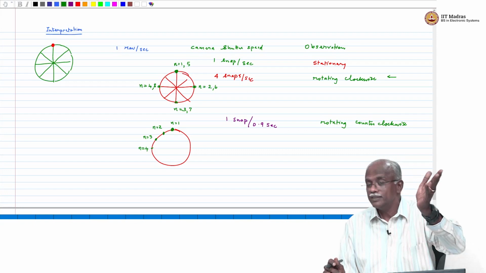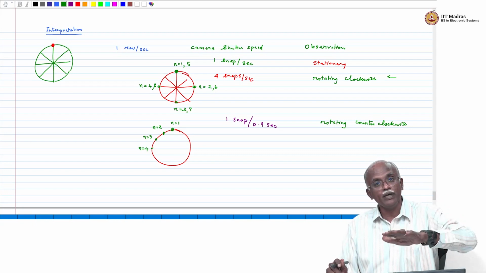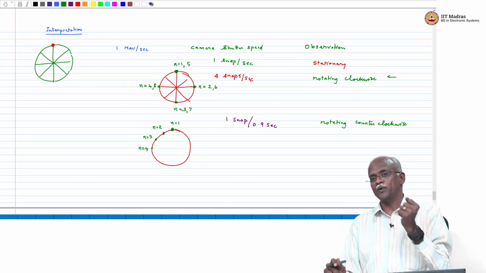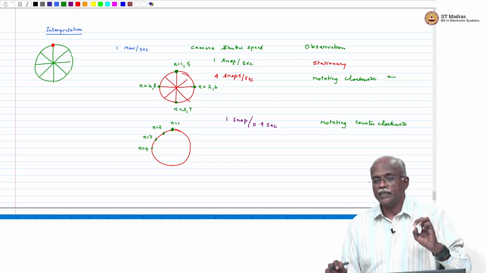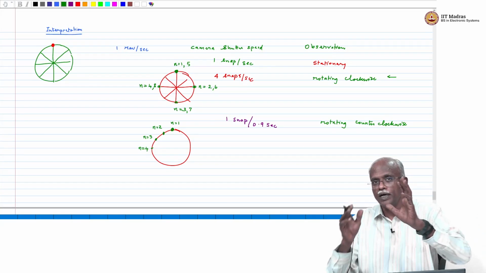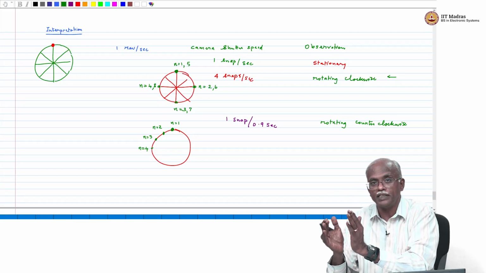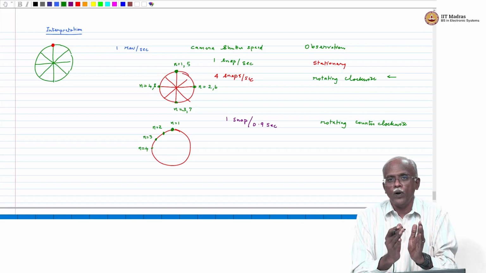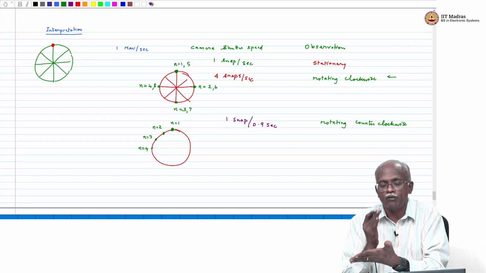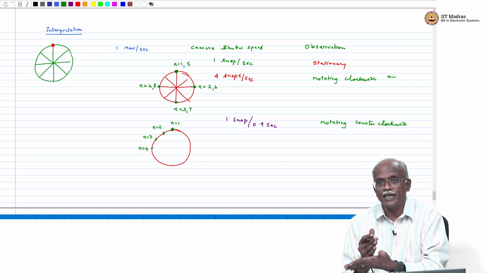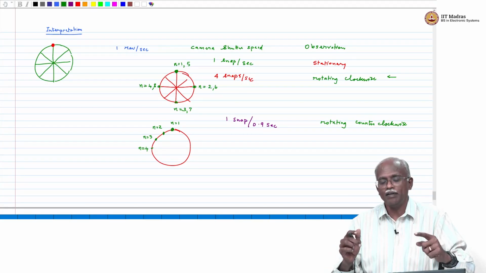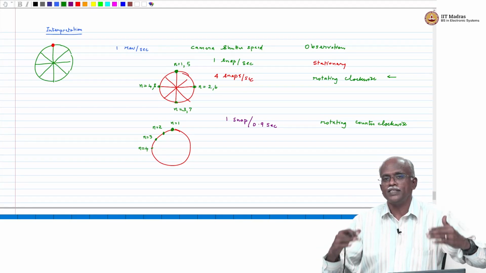One could be that you may think it's stationary, or you may think that it is rotating in the counterclockwise direction. So you see, going from a continuous time representation to a discrete time representation, it is very important that we have a sufficiently high sampling rate. If we do not, then you get erroneous results.